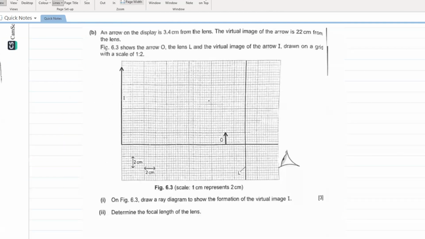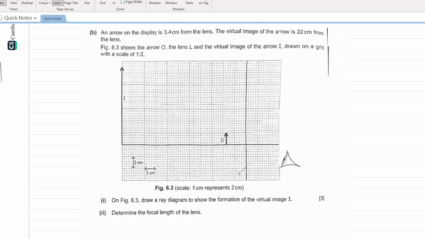Very easy. How will you draw the ray diagram? First and foremost, take a thin pencil, because a thick one will create errors. First of all, create a ray that passes from the top of both the arrows and then through the optical center. This should be your first ray.